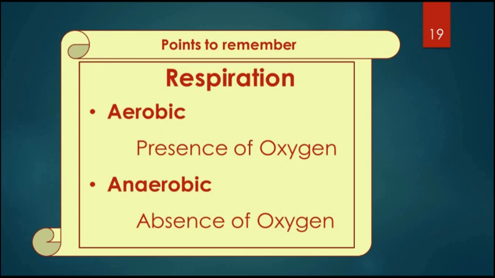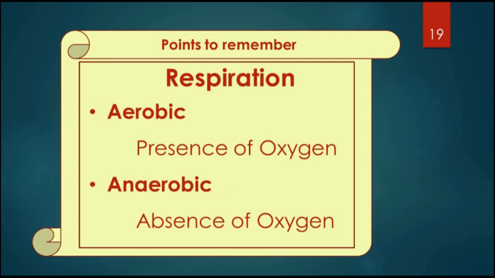We can call it cellular respiration also, because it takes place in the cell. And 2 types of respiration are there: aerobic respiration and anaerobic. It's a very, very important question for the examination. You may be asked to differentiate these 2, or to state the features of these 2.